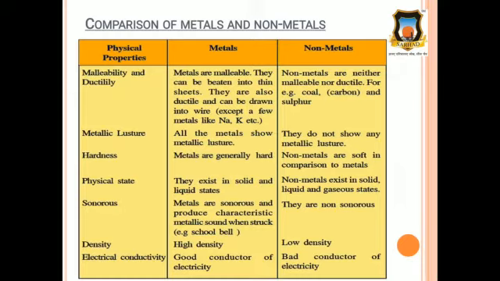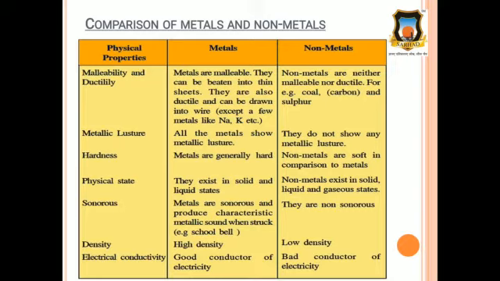Ductility means to convert into the form of wire. Copper is the very common example that a metal can be converted into wires. Even gold can be converted into wires for forming different kinds of jewelries.